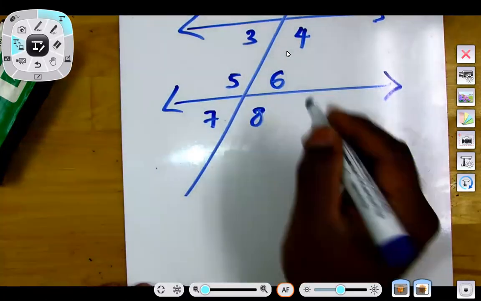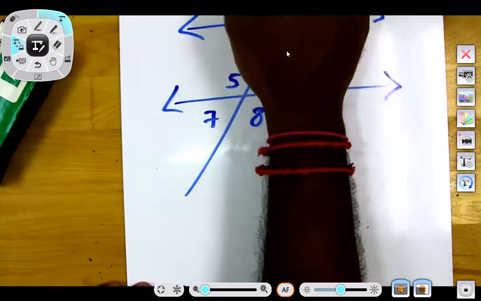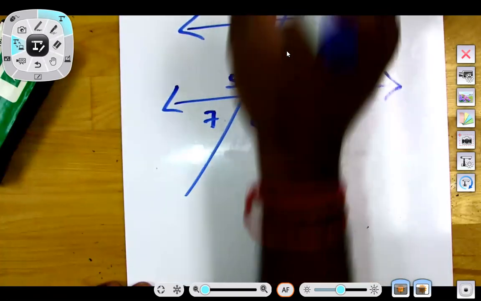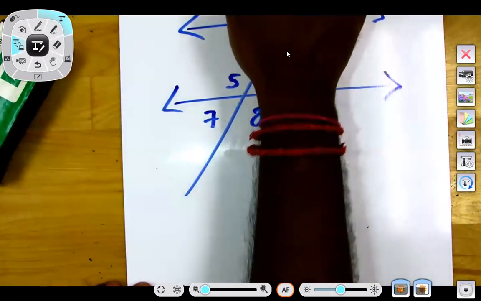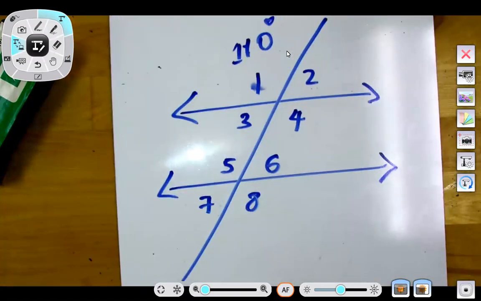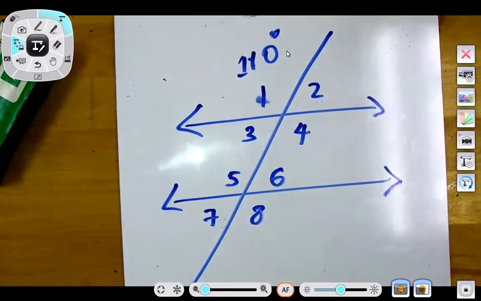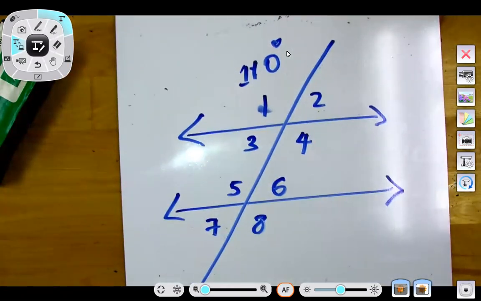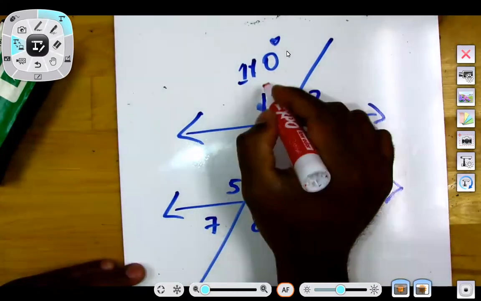Let's say I just give you angle 1 is equal to 110 degrees. Find all those angles. Will you be able to find them? Yes. Sorry, there's an angle, 1 is 110 degrees.